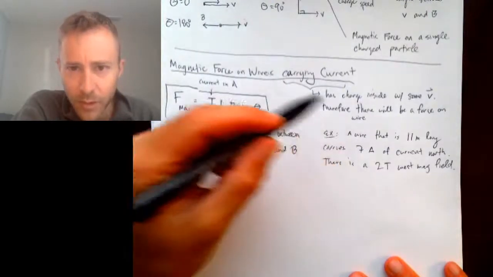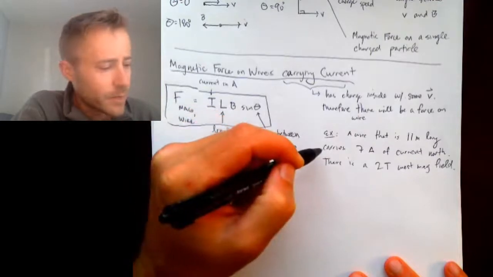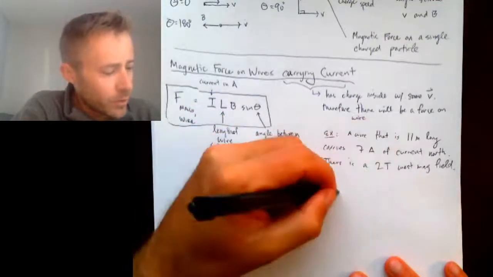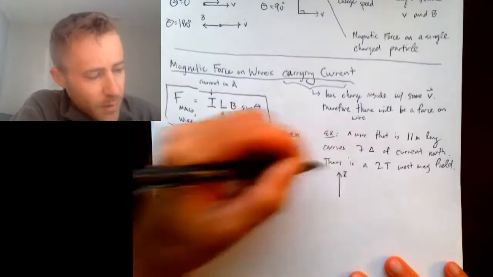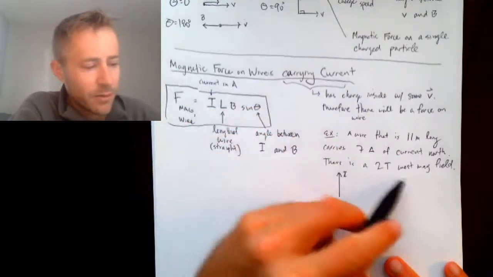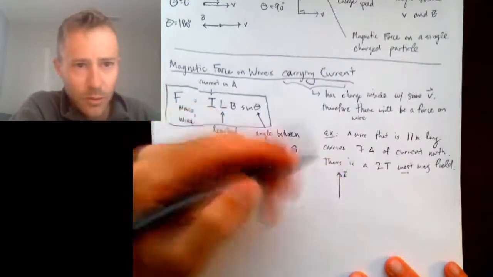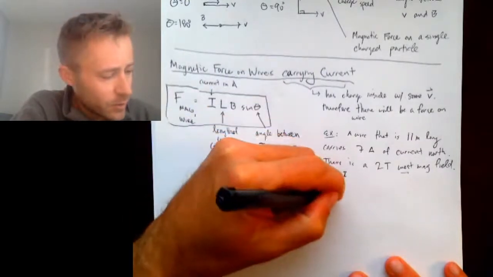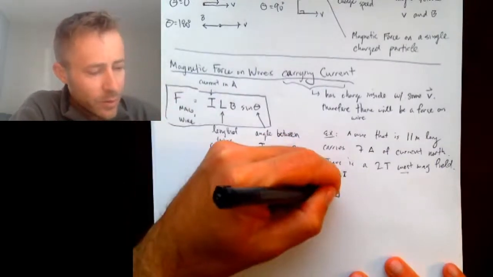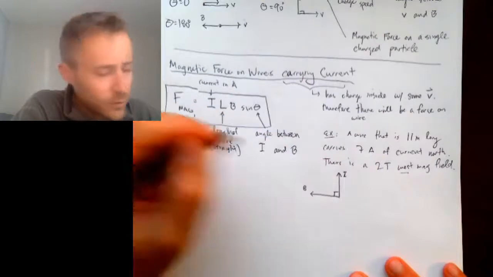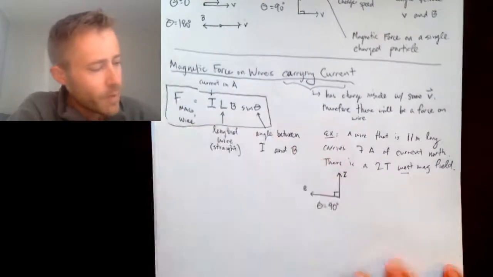The current is going north, so the current is going this way, and then the magnetic field is going west. North, south, east, west, so west is going to be that way. We can see that the angle between them is 90 degrees. So this tells me that theta is 90 degrees.